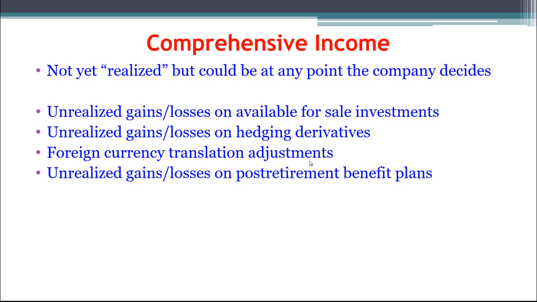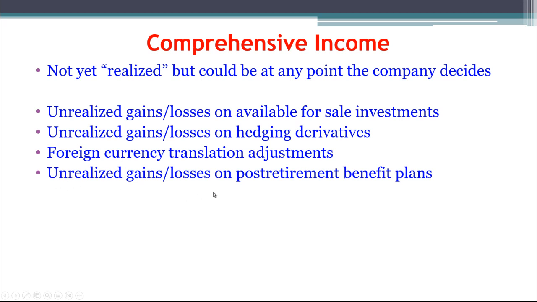What this translation adjustment is basically saying is, what if the company forced all of its subsidiaries to cash in whatever their local currency is and translate it all back to the dollar? Some of those trades would have gains, some would have losses, just depending on the currency market at that point in time. And this is the recording of those net gains and losses. In other words, if you sold it all for the dollar, what would you get?